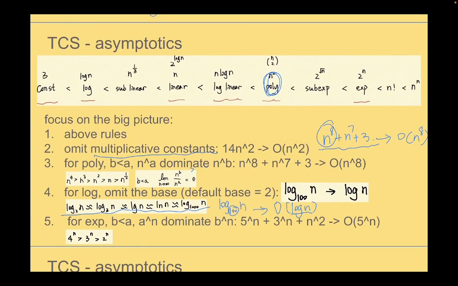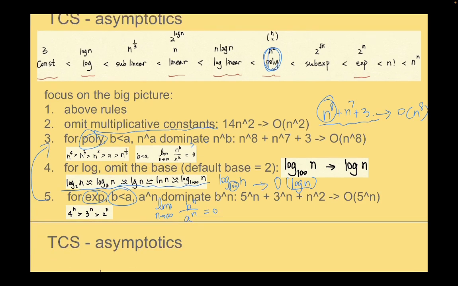And for exponentials, it's again the same as polynomials. So really, 4 to the n is bigger than 3 to the n, bigger than 2 to the n, right? We write it in the limit form. It's the limit as n goes to infinity, like if b is less than a, then b to the n over a to the n is equal to 0.